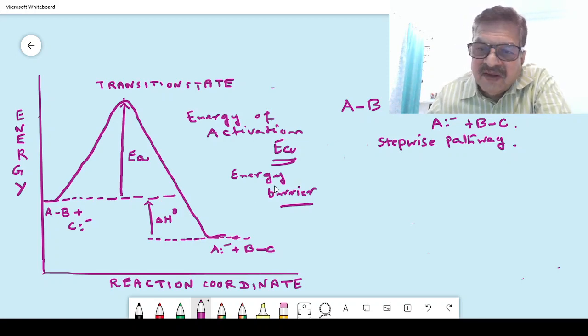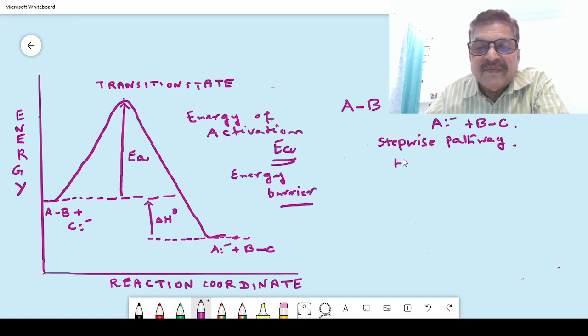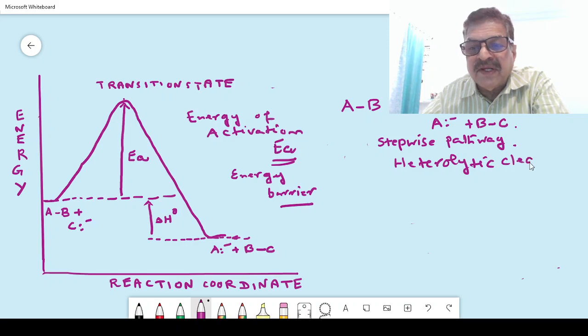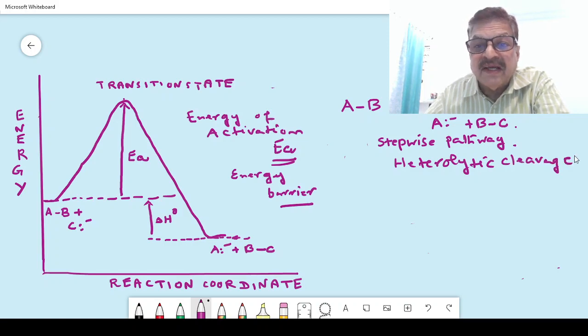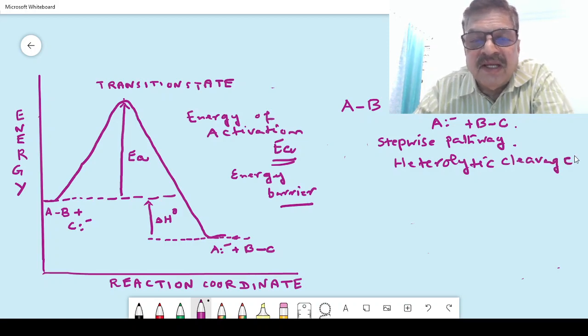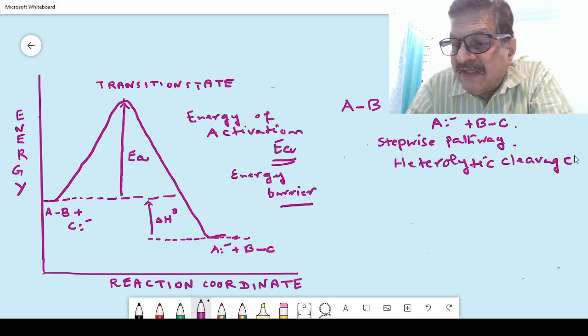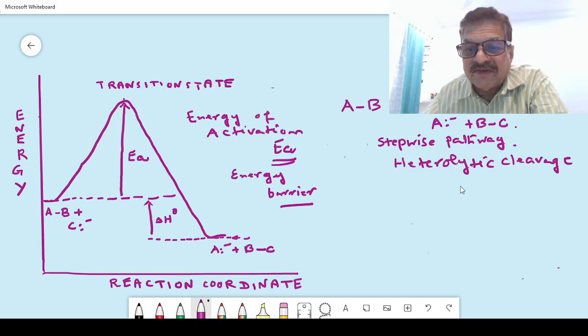Correct. Now, how will the reaction proceed? You see, the stepwise mechanism will involve the heterolytic cleavage of the bond here. The AB bond breaks heterolytically. Heterolytically means the electrons forming the bond are unequally divided, and therefore it will result in the formation of ions.